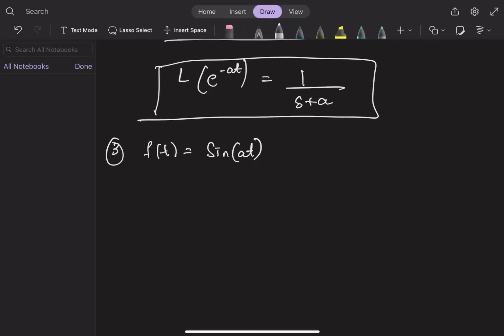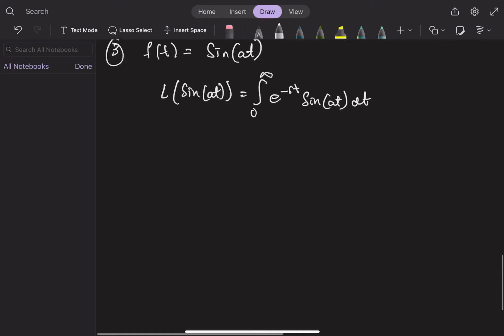So let's find out the Laplace of this. This will become integral 0 to infinity e raised to minus st sine of at dt. Guys, generally here we apply integration by parts, but instead you can just memorize this formula. I'll just write down this formula.